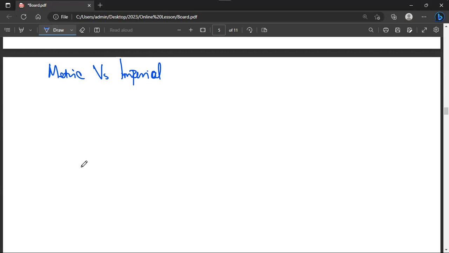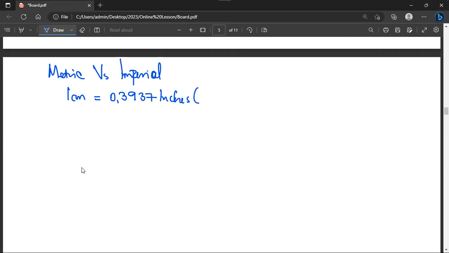Imperial, they will always give you a table. Let's take this table here. It's from metric to imperial, and 1 centimeter is equivalent to 0,3937 inches.